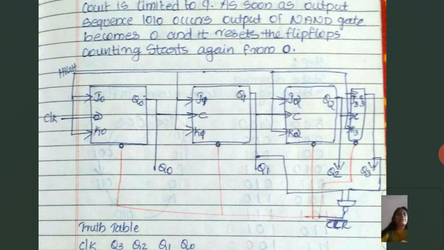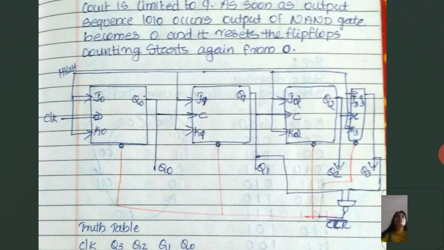This is what is happening in the decade counter. You are counting from 0 to 9. Whenever the 10th clock is applied, the values of Q1 and Q3 become 1. So Q3 and Q1 are connected to a NAND gate, and the result of the NAND gate is 0.